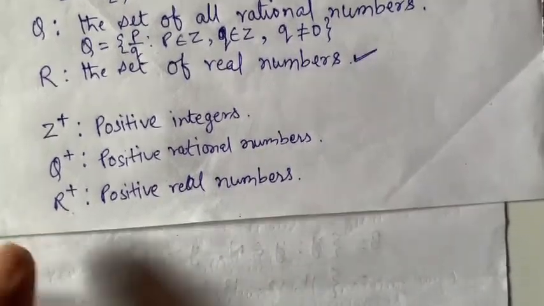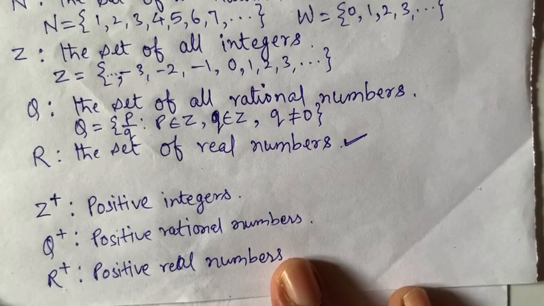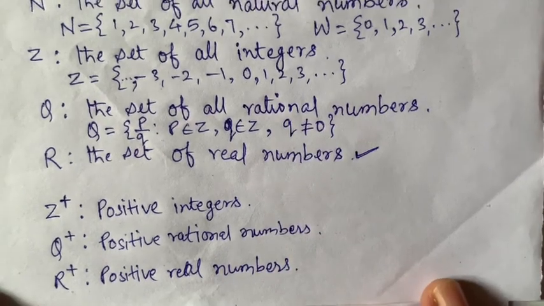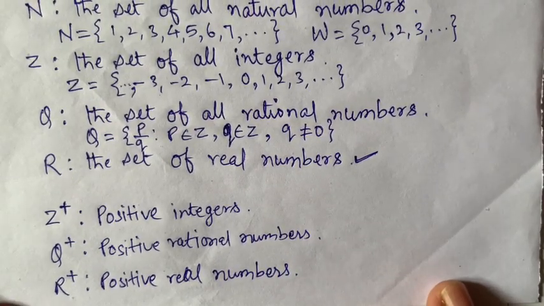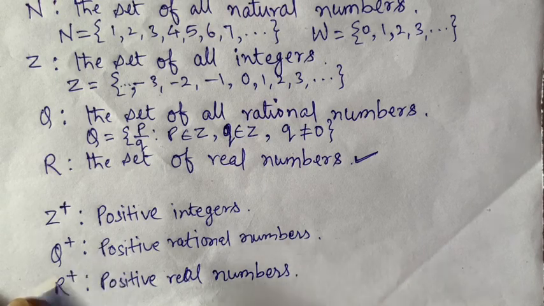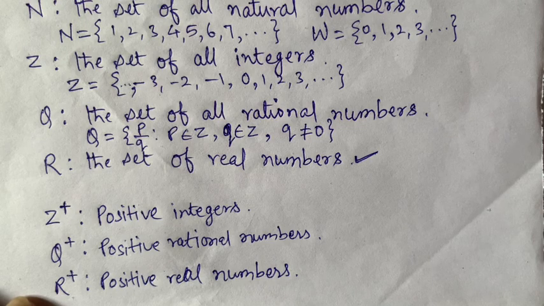Right, so these are the sets of number systems which are extensively used in mathematics, and we will use them without reference. That means we will not always write that x belongs to N and then explain what N means there.